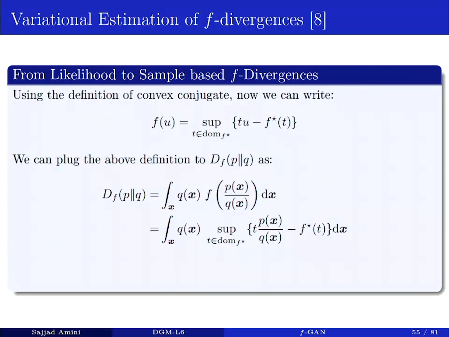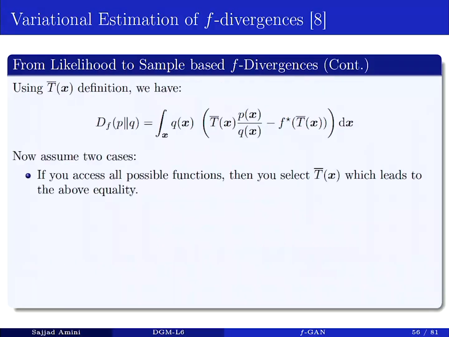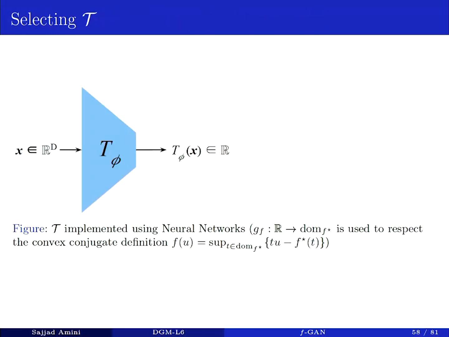So T must select something from the domain of F star. It is not free to select something from the real numbers. So it must select something from the domain of F star. So we need some matching from the real numbers to the domain of F star.